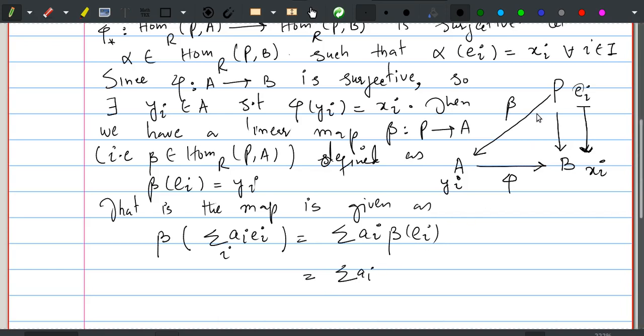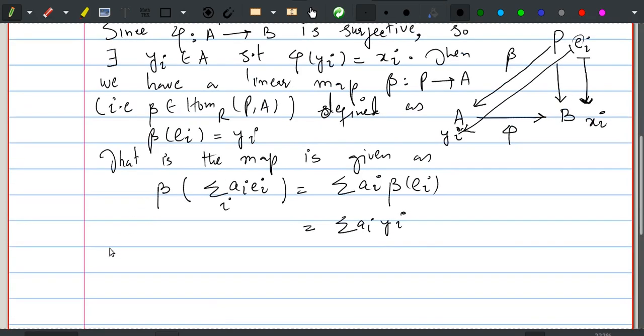Now beta of e_i takes this basis element to y_i, where y_i is the pre-image of this x_i.